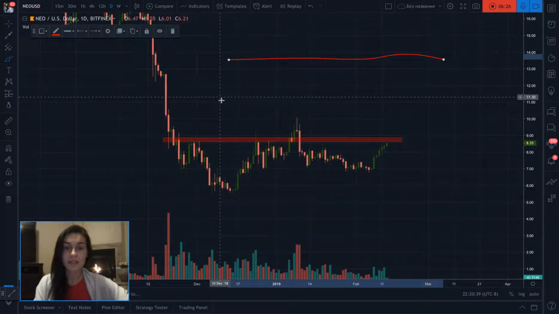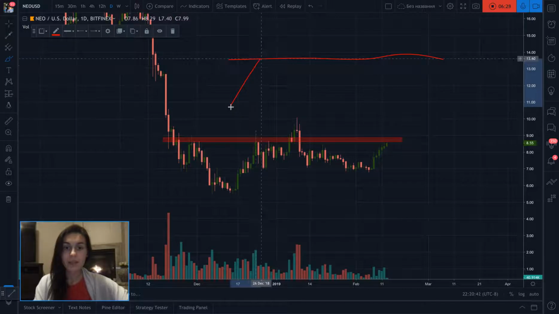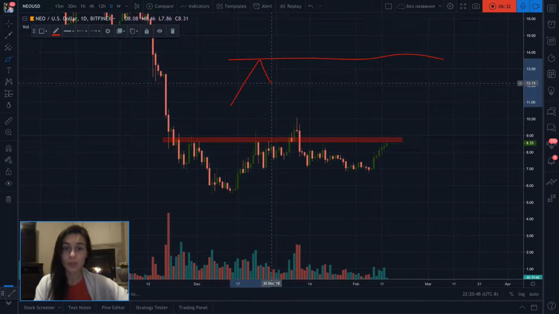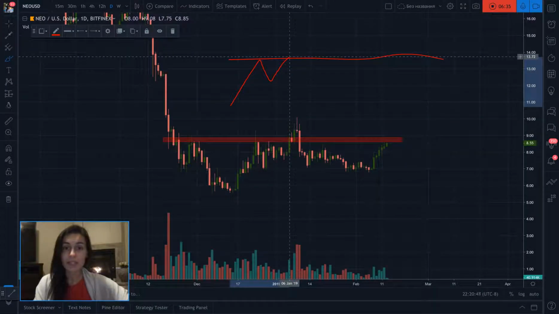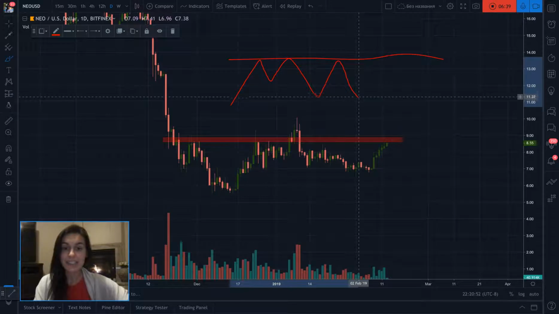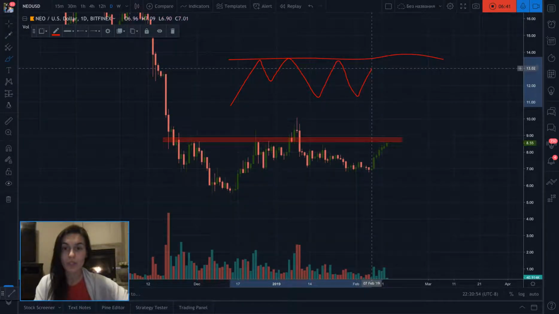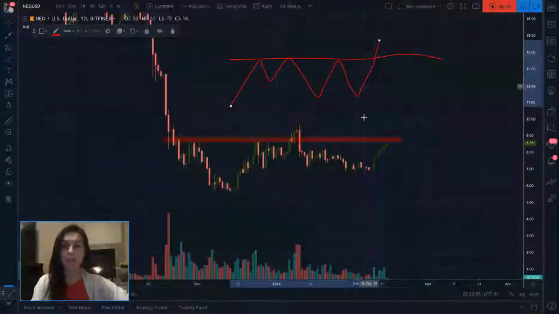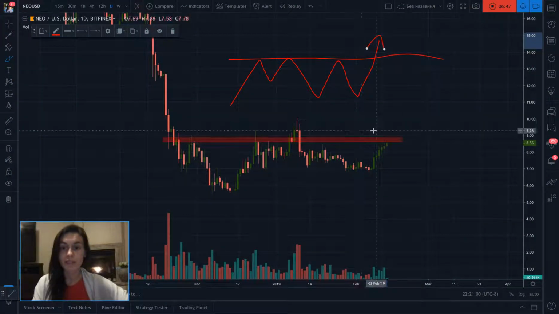This is our resistance line, and when the price approaches this level or zone, however you draw it, it makes a retest and then pulls back and bounces, and every time it tries to approach this level, and finally it broke this level to the upside, like in this situation.